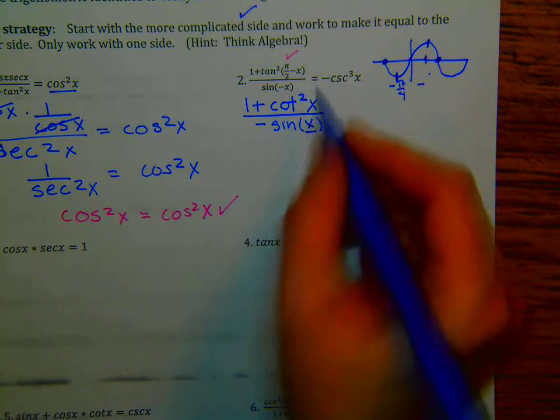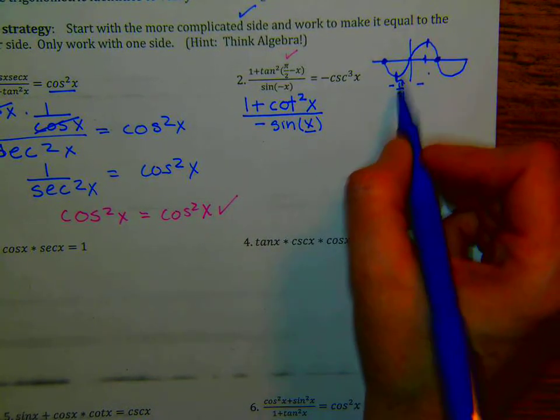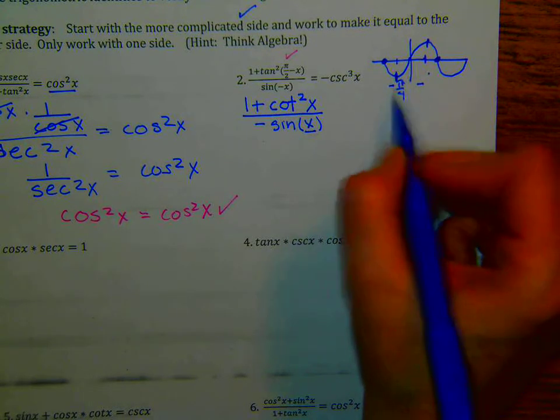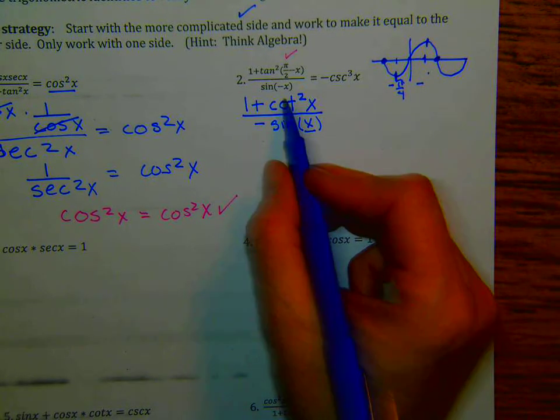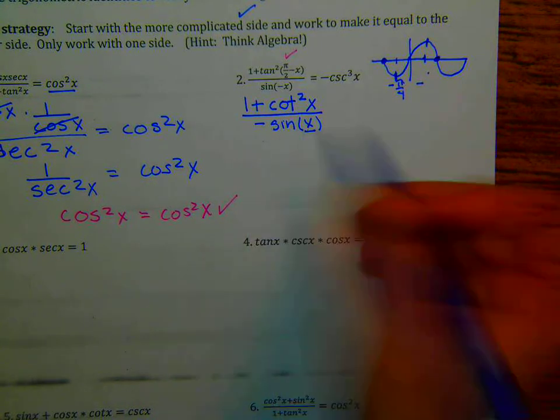So the sine of the negative value of pi over 4 would be equal to the negative sine of x.